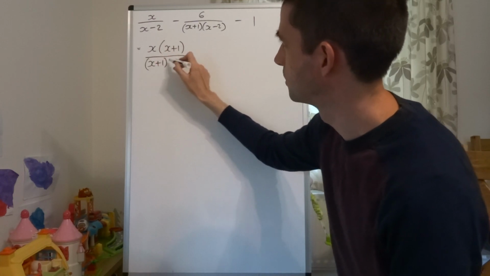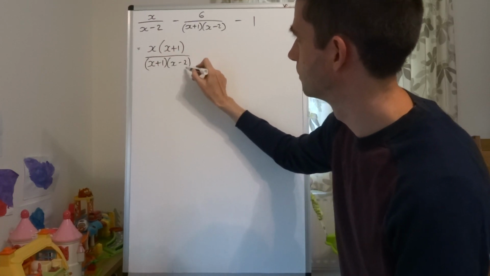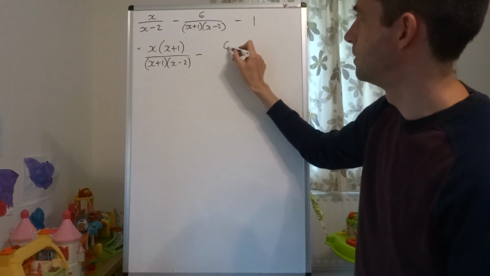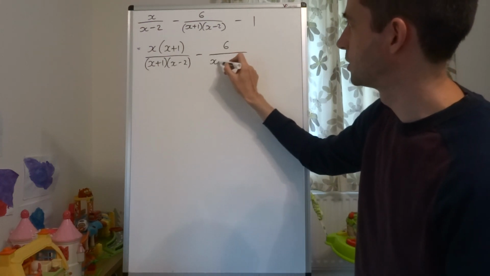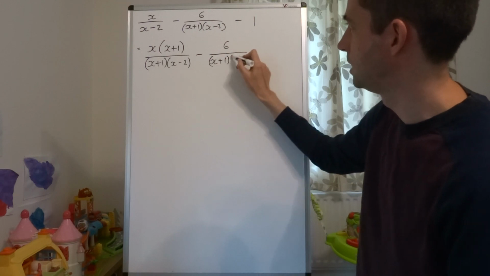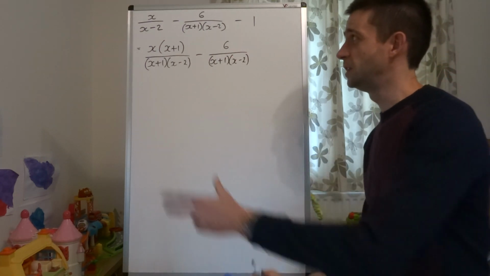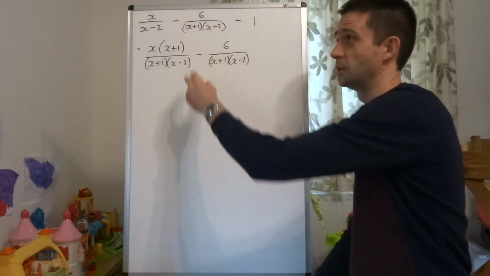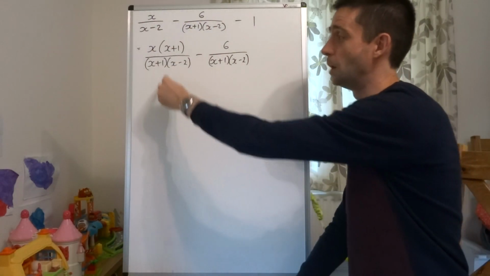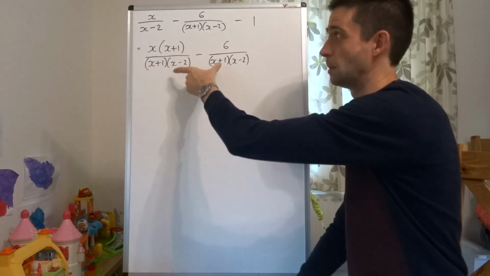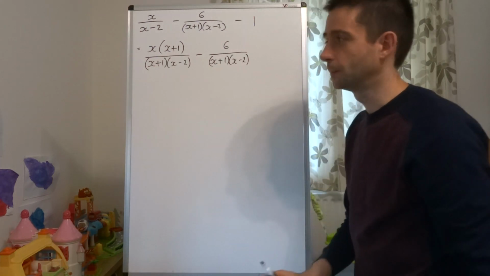That would give me (x plus 1)(x minus 2). The denominator of the second fraction does not need to change because it's already (x plus 1)(x minus 2). So remember what I said in the previous video, you don't necessarily have to multiply the two denominators together. If you only need one additional term to make them the same, save yourself the work.